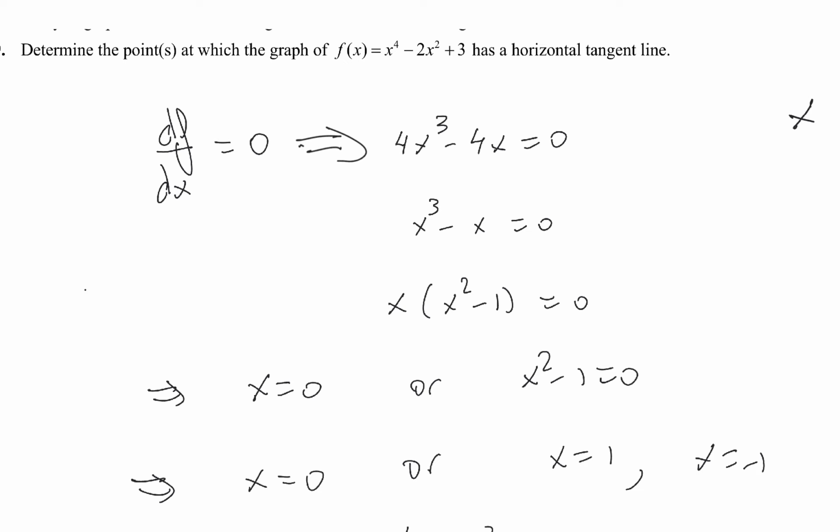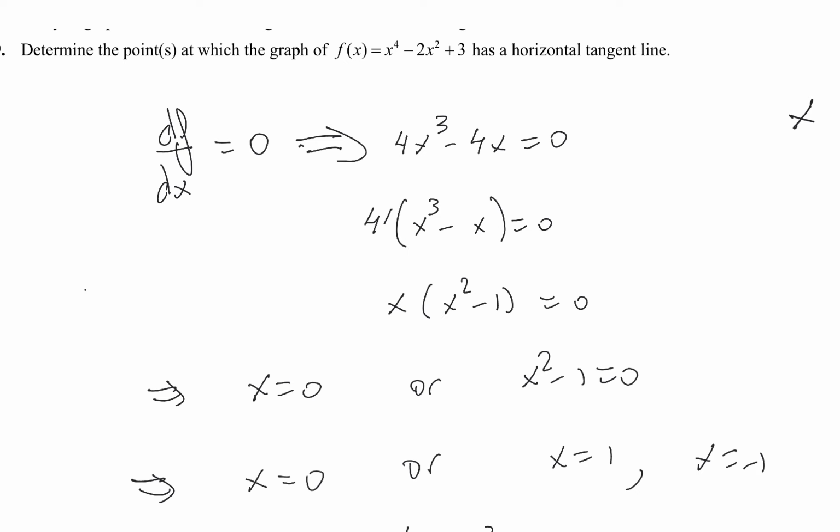This is the slope, and we want it to be 0, and we want to find which value x has to be in order for 4x cubed minus 4x to be 0. So we can factor 4 times x cubed minus x. We can factor again x, and x multiplied by x squared minus 1 will be x cubed minus x.